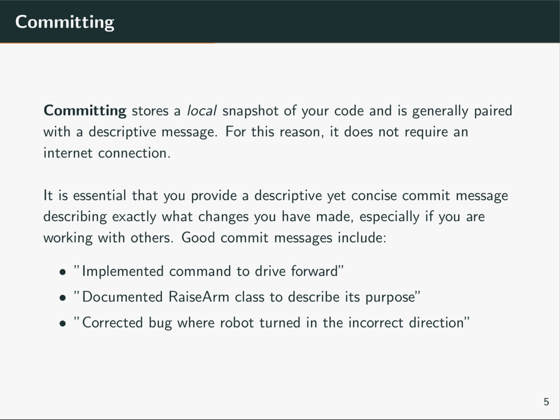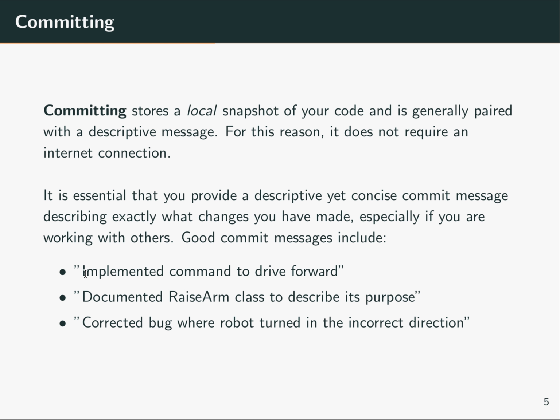So examples would include these ones down here. Actually, one thing to note, this presentation is a bit outdated. The best way to commit is to not use past tense, but you want to add the phrase in your head, this commit will, and then add your commit message which describes your changes after it. So you wouldn't say, this commit will implement the command to drive forward.